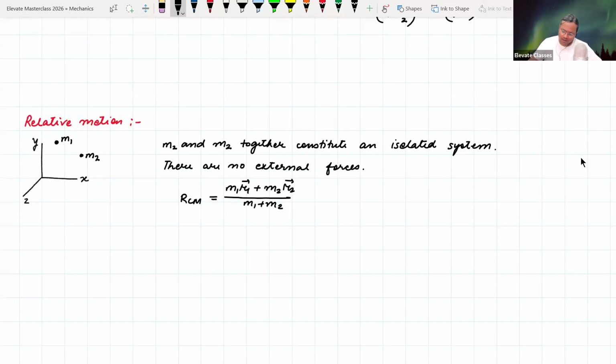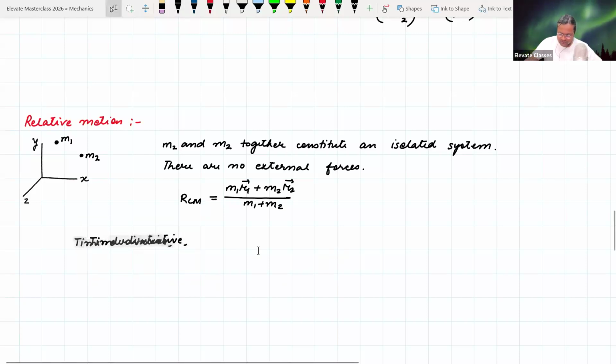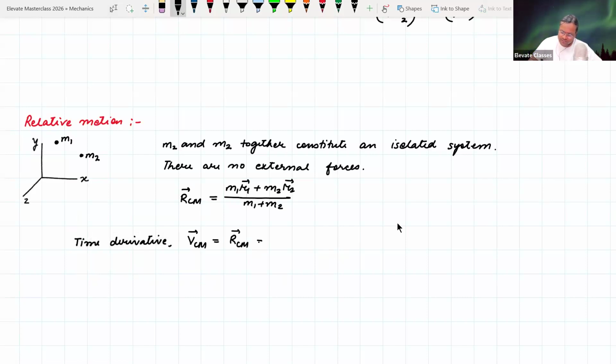All right. But if I do a time derivative on the center of mass, so what will I get? I will get center of mass velocity. So this is nothing but VCM, which is equal to (m1 r1 dot plus m2 r2 dot) upon (m1 plus m2). ये velocity कितना होगा?